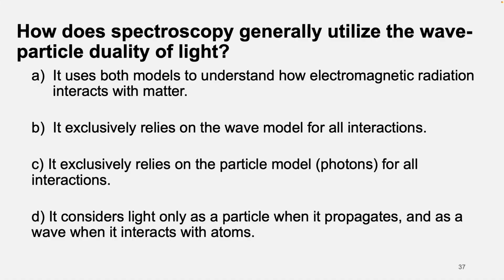A. It uses both models to understand how electromagnetic radiation interacts with matter. It exclusively relies on the wave model for all interactions. It exclusively relies on the particle model for all interactions. It considers light only as a particle when it propagates and as a wave when it interacts with atoms.